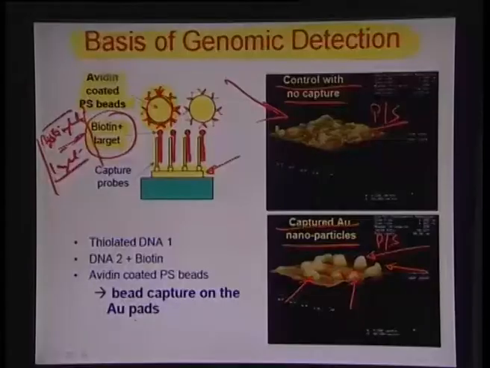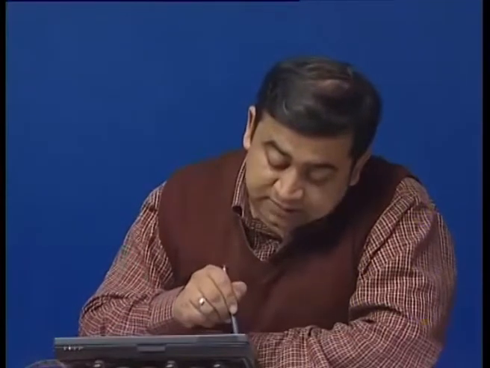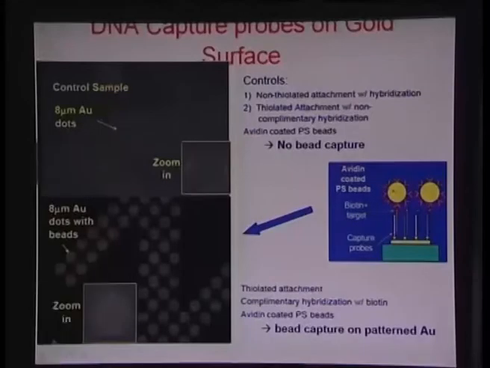These are some other illustrations where the exact same thing has been done, but here as you see there are about 8 micron gold dots over which the capture probes have been immobilized by using thiolated chemistry.